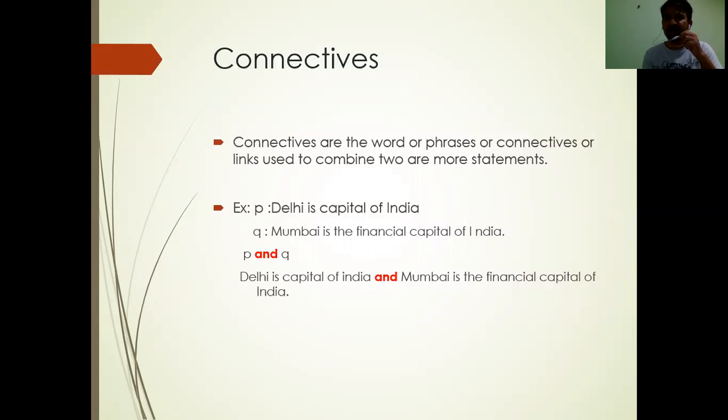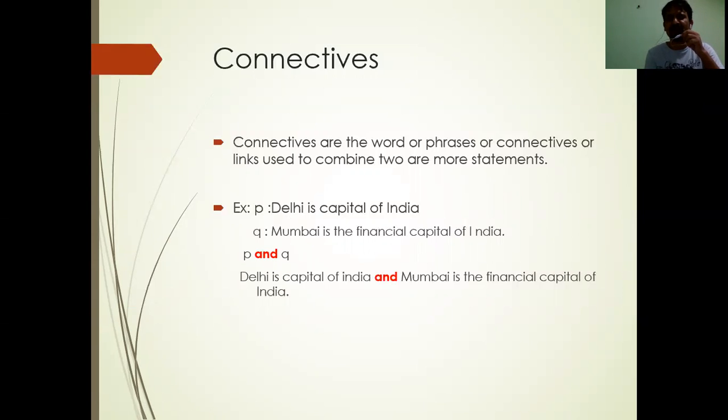Delhi is the capital of India and Mumbai is the financial capital of India. We'll discuss later what the truth values for these statements are. Observe here, I am using the word and to combine these two statements. So and is a connective.